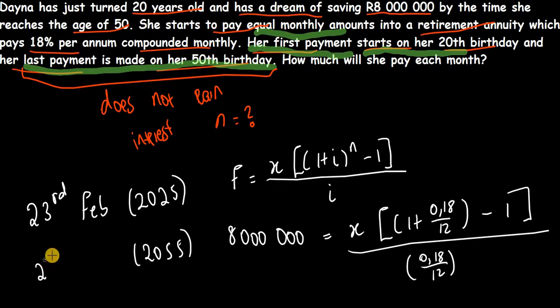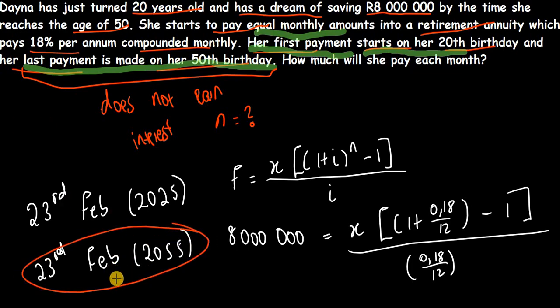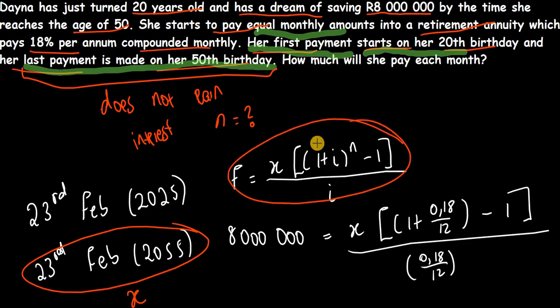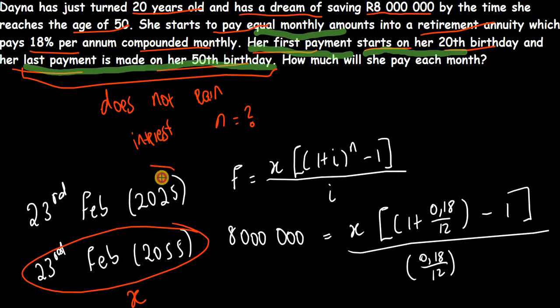So we are looking at the 23rd of February 2055. Remember, on this very same day, when I'm celebrating my birthday, I make my last payment, which is not going to earn interest, and that's what the formula is based on. However, my first payment, I made immediately on my birthday.